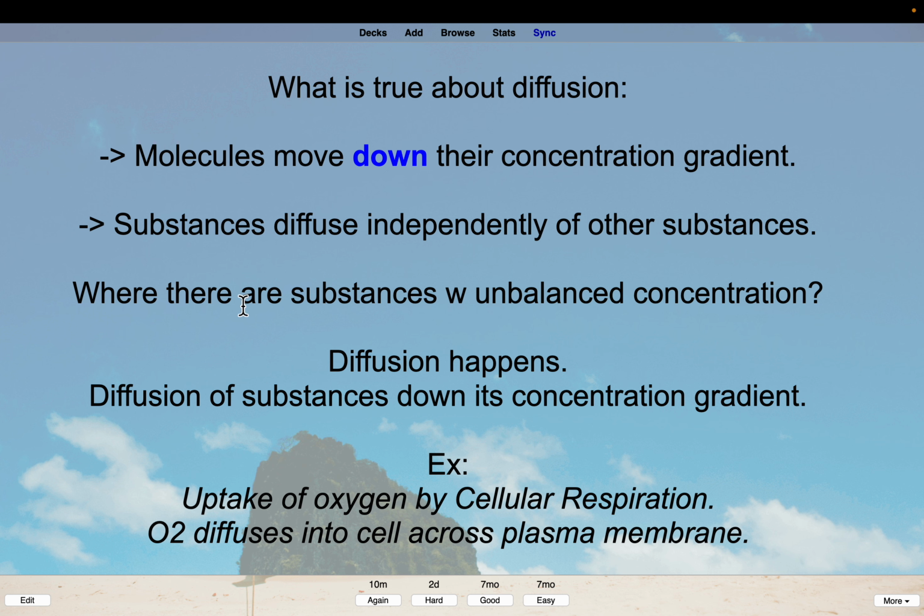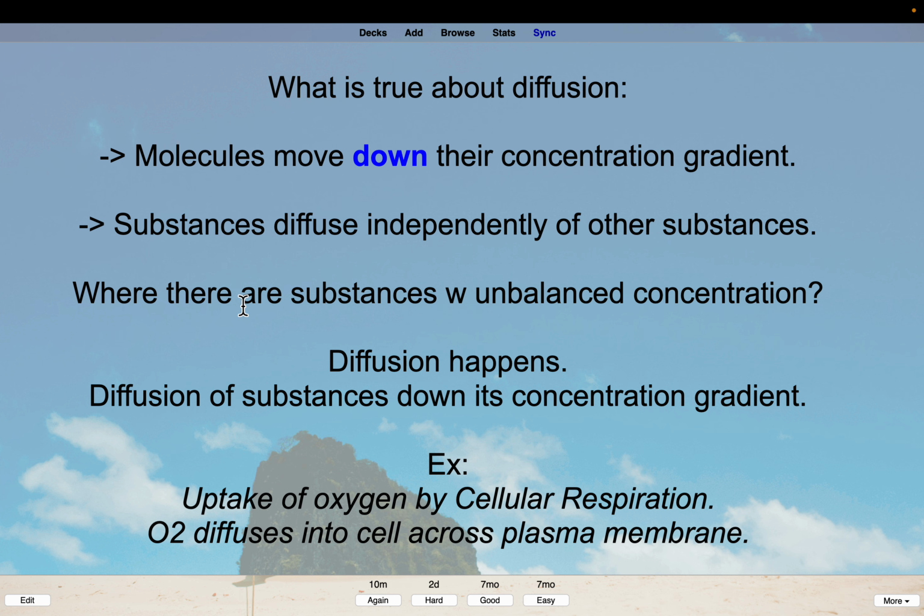One question, okay, I don't get this question. Let me think. So in a scenario where there is an imbalance in concentration, diffusion happens.